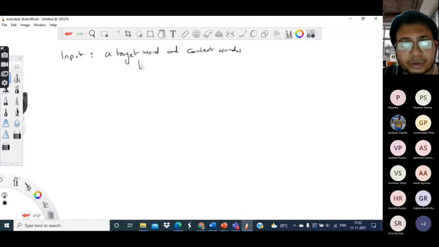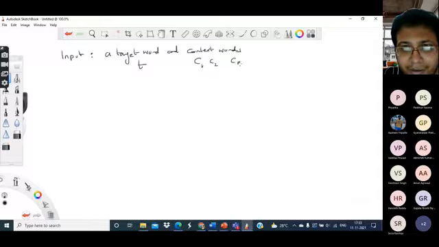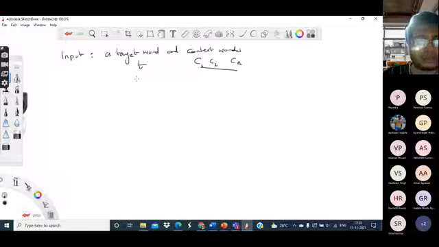Let me call the target word T, and the context words, in that example there was only one context word, but in general there can be more than one. So let's say C1, C2, etc. up to Cn. These are the context words.